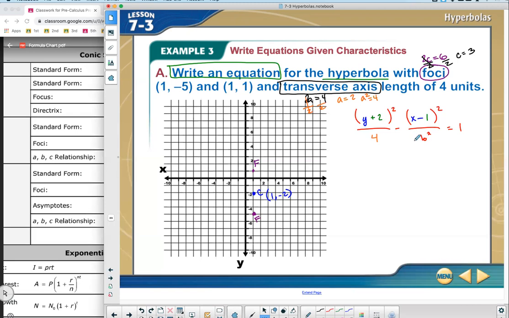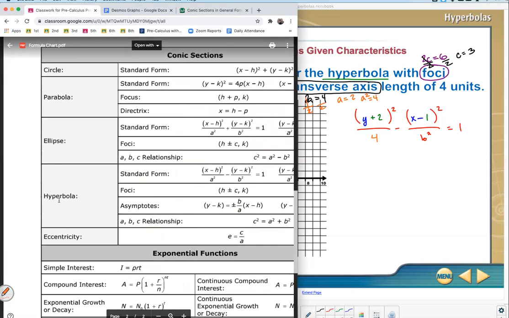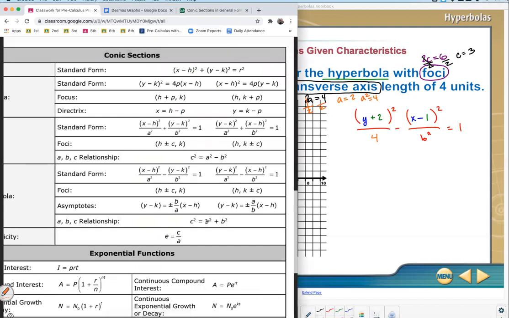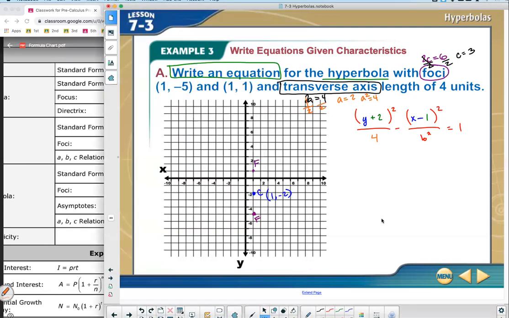So we're left with the B squared. Well, on the formula chart, we're told that for hyperbolas, there's a relationship between the A's, the B's, and the C's. It is that C squared equals A squared plus B squared. It is the Pythagorean theorem. So we know C is 3. That means C squared would equal 3 times 3, which is 9.